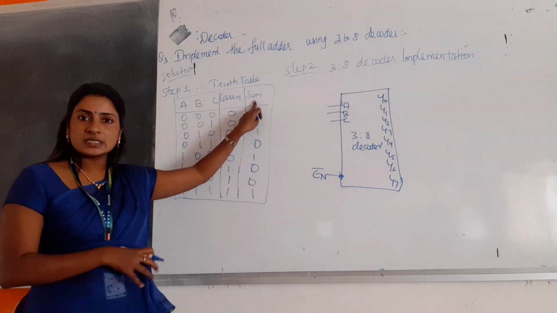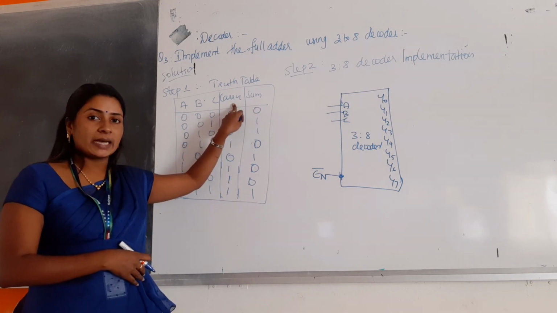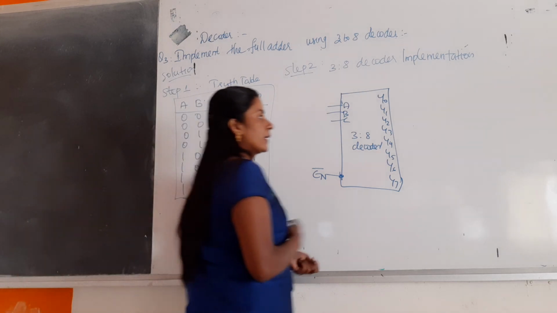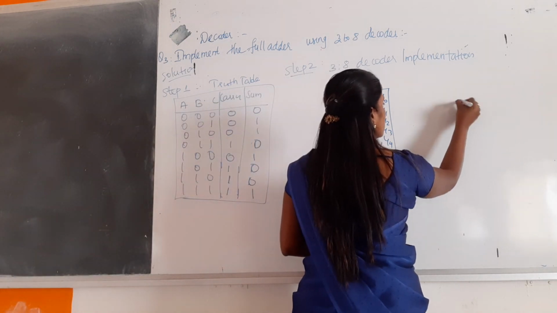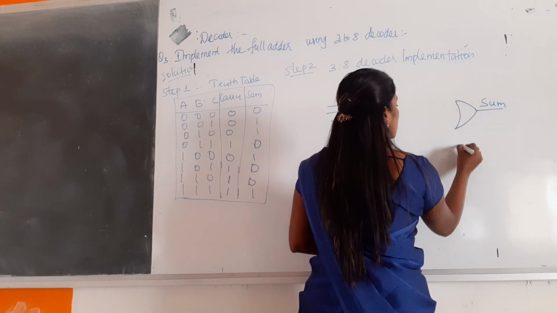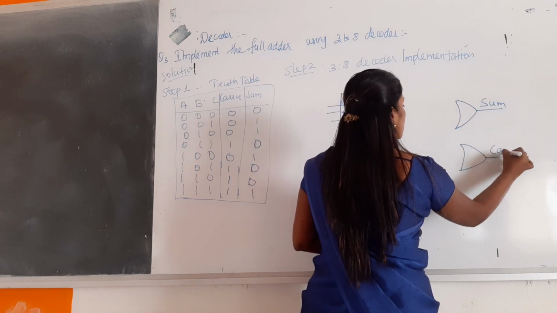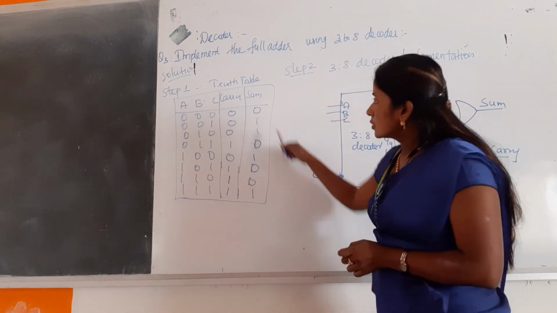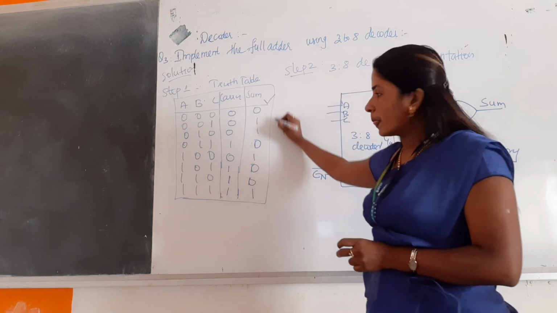So two functions, one function for sum, another function for carry. So we need two OR gates. Okay.